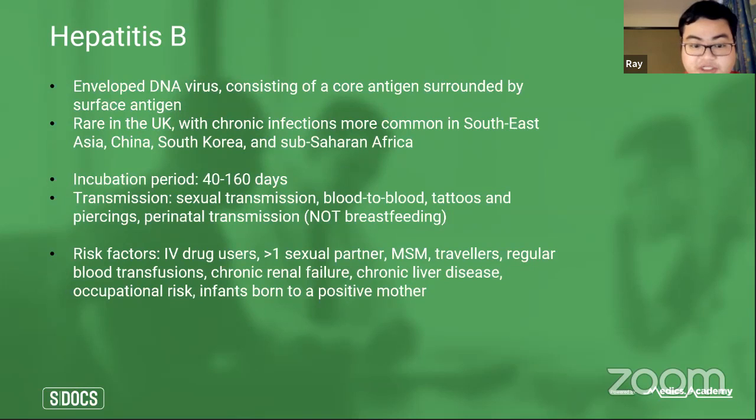And therefore, risk factors would be a person being an IV drug user, having multiple sexual partners, being a male who has sex with males, traveling to high-risk areas, having blood transfusions, and also chronic renal failure, chronic liver disease, having occupational risk, or infants born to a positive mother.